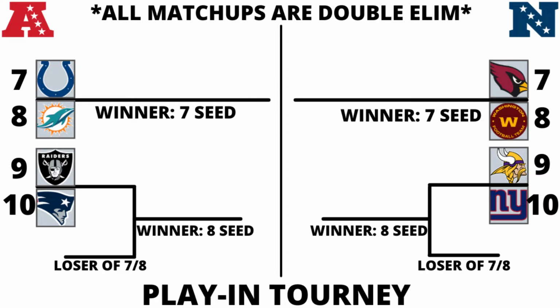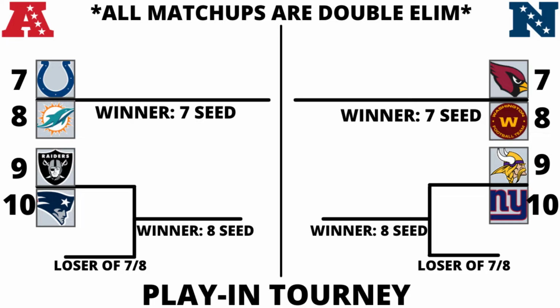The winner automatically is the 7 seed. The loser goes down to the bottom to play the winner of the 9 and 10 game. The loser of the 9 and 10 game is automatically eliminated. Then the winner of 9-10 plays the loser of 7-8, and the winner of that game will be the 8 seed. Like I said, these are all double eliminations. This is how the play-in tournament works, not only for this video, but for the NBA, which is starting really soon.